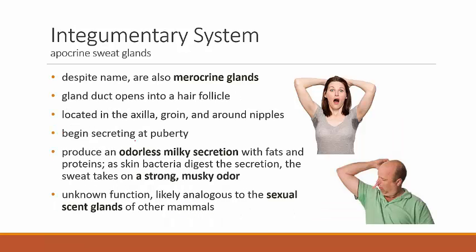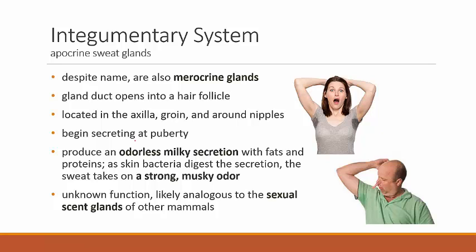Apocrine sweat glands, on the other hand, do not become activated until puberty, and that's when they really turn on. Their duct opens into a hair follicle, and they're found mostly at the armpits, in the groin, and around the nipples.